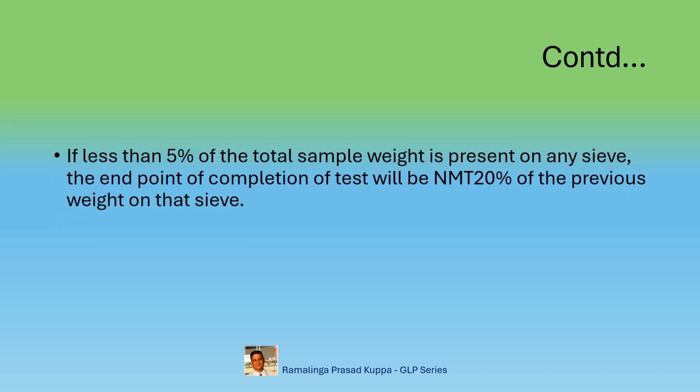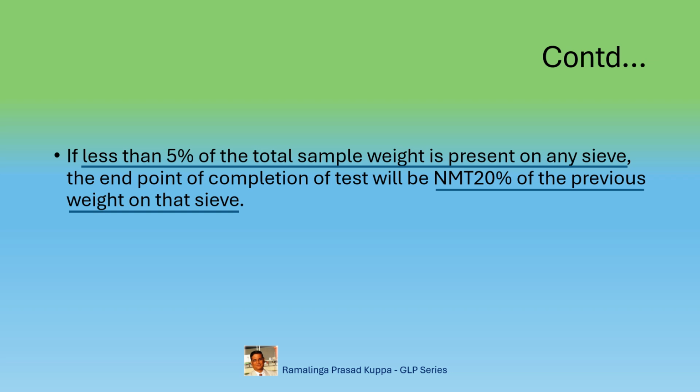If less than 5% of the total sample weight is present on any sieve, the end point of completion of test will be not more than 20% of the previous weight on that sieve. This is another case.